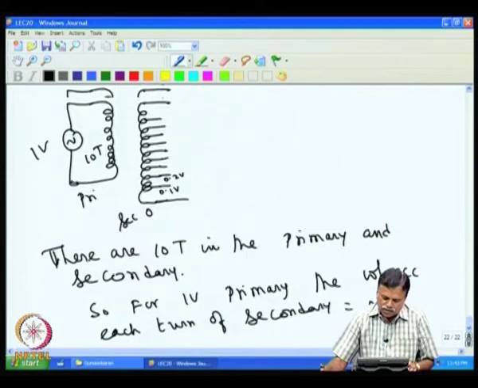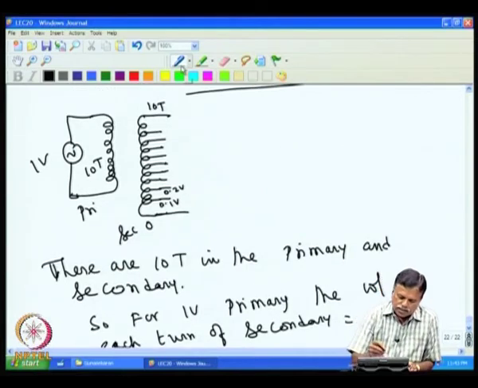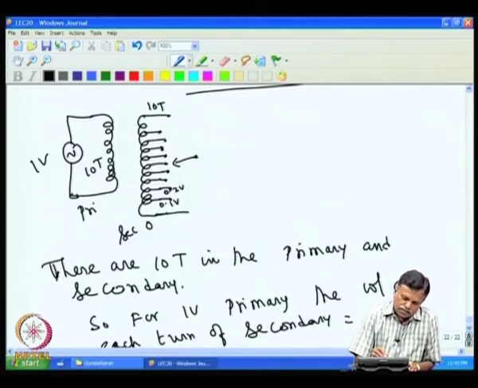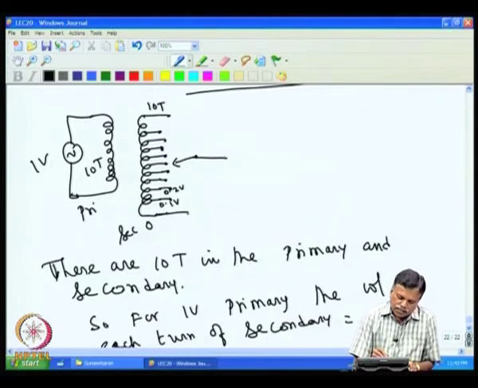Now, what we can do is use a center tap which is movable from one point to another. So, we can select here. If this movable tap makes contact here, then you will get 0.1 volt.